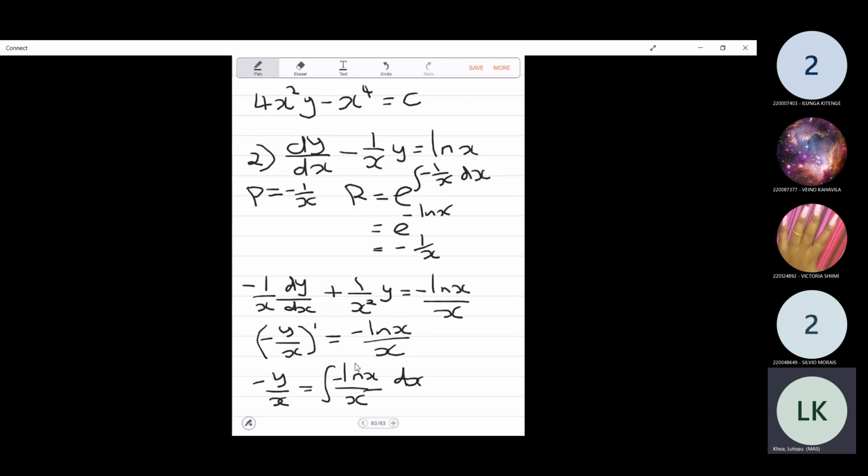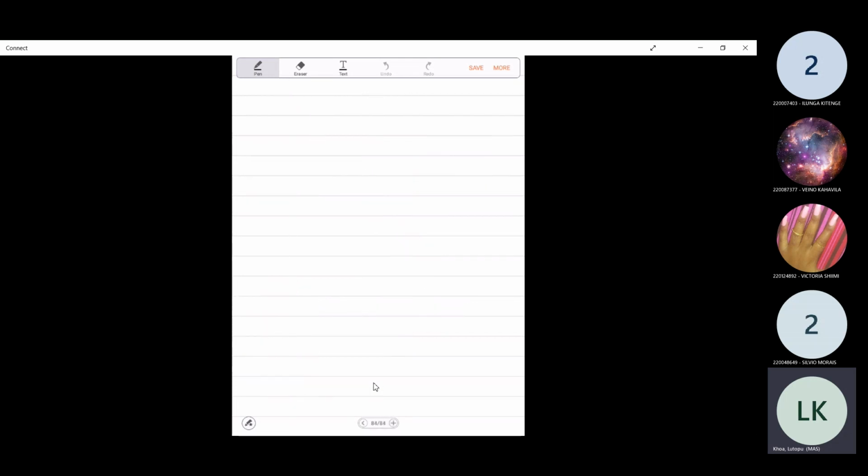So here we have u du, and that is just u squared divided by 2, and our u in this case is ln of x. So integrating with minus y over x, this is ln of x to the power of 2 divided by 2, then we add our constant.